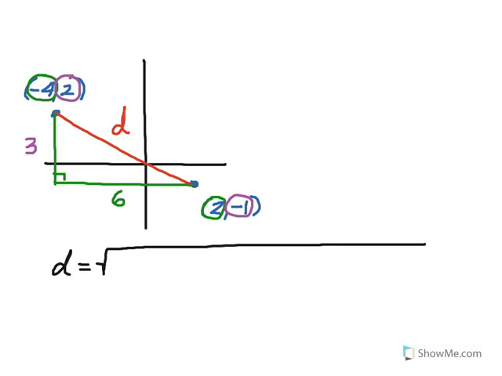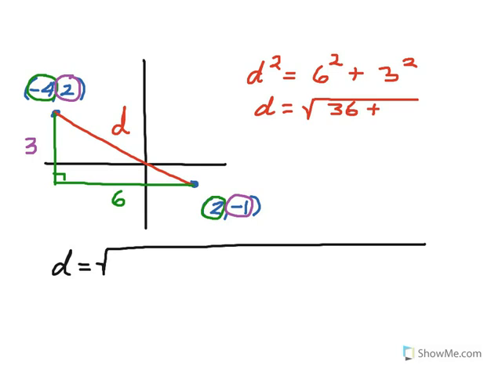instead of c, if we call the hypotenuse d, that d squared will be equal to the sum of 6 squared, which is the horizontal leg, plus 3 squared. So that d will be equal to the square root of 36 plus 9, if we take the square root of both sides.